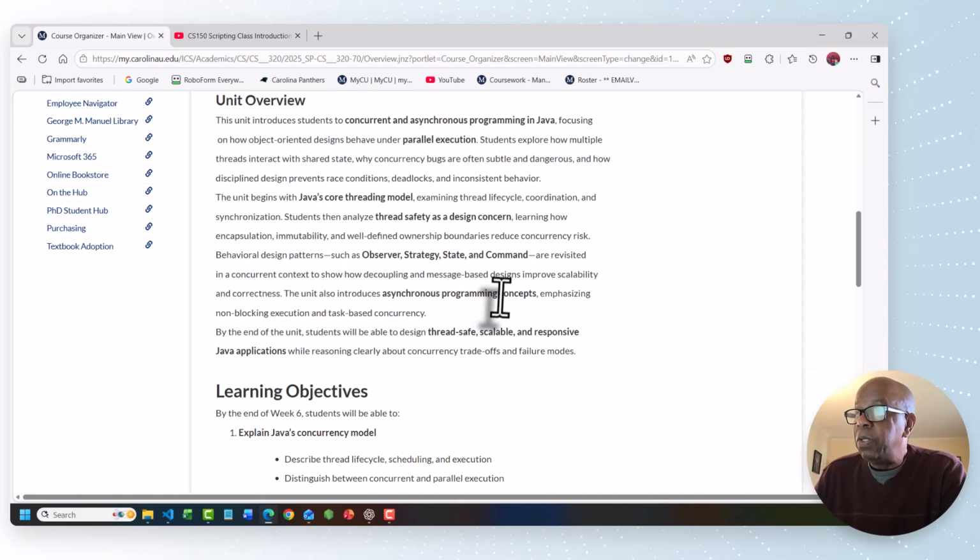The unit also introduces asynchronous programming concepts. By the end of the unit, you will be able to design thread-safe, scalable, and responsive Java applications.